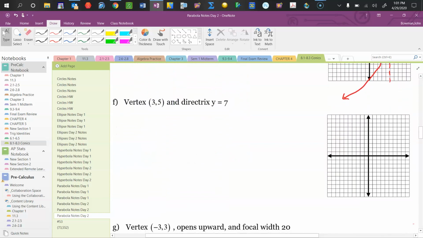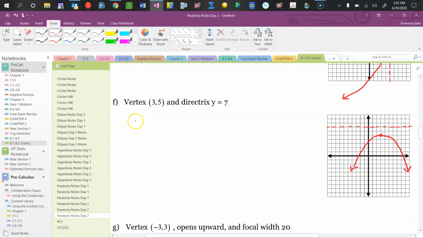All right, next problem. Vertex at 3, 5. So that's the vertex. Directrix at y equals 7, so that's 2 units above that. Okay, and that means that this parabola has to open down like that. And so what do we have?